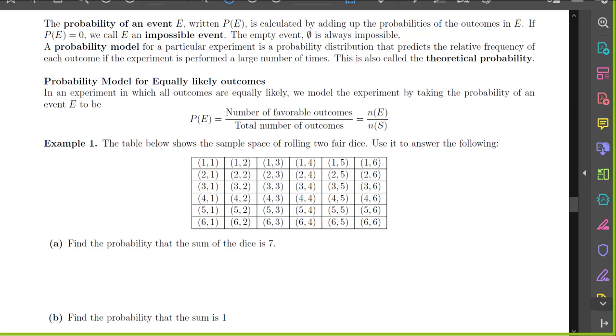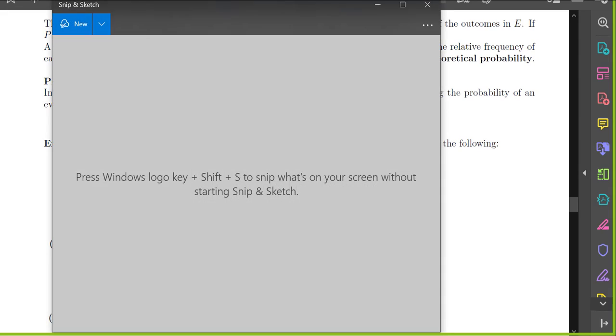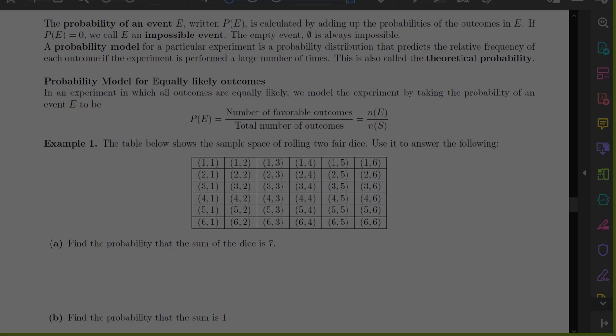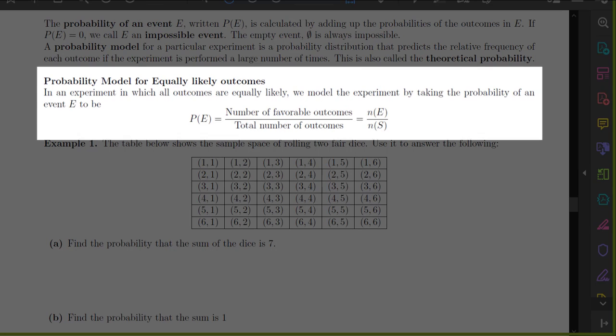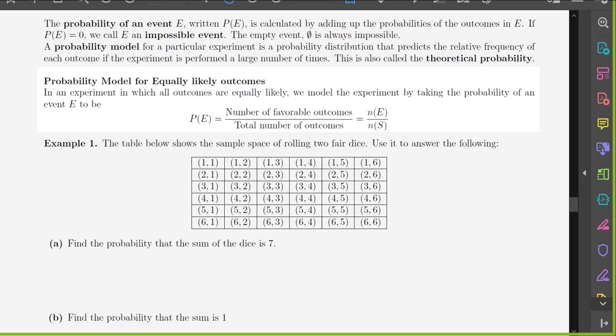All right, so our probability model for equally likely events is given by this formula.